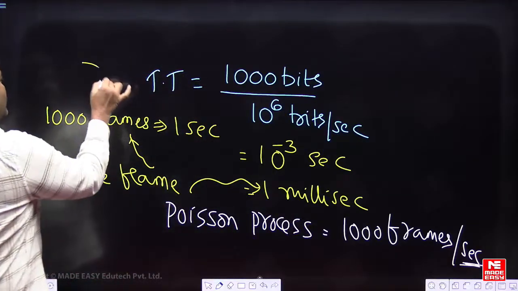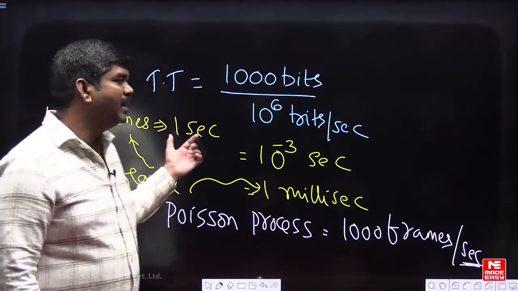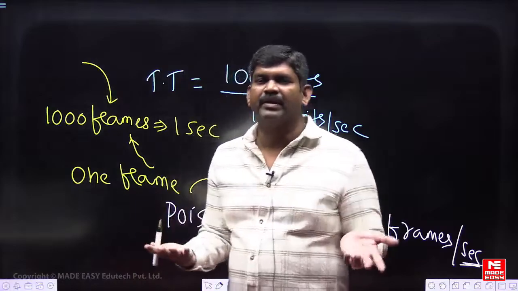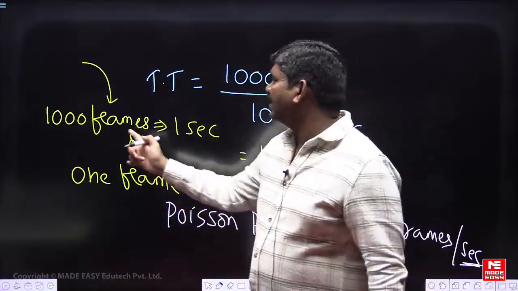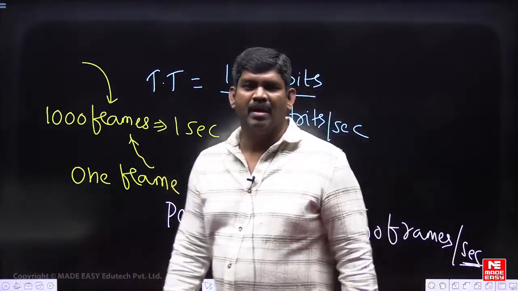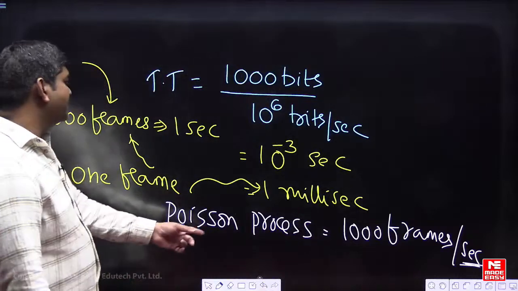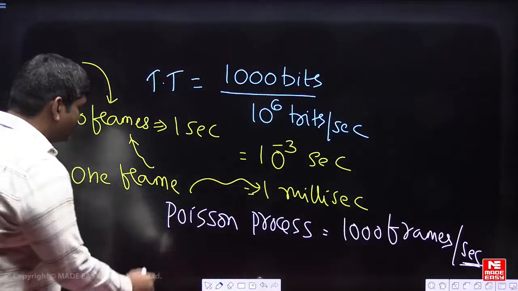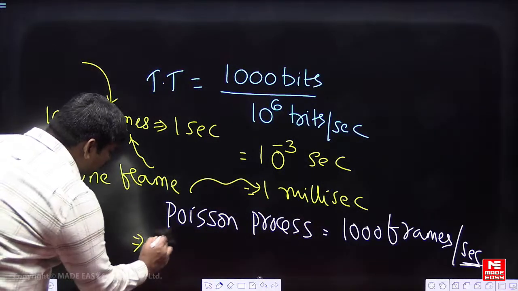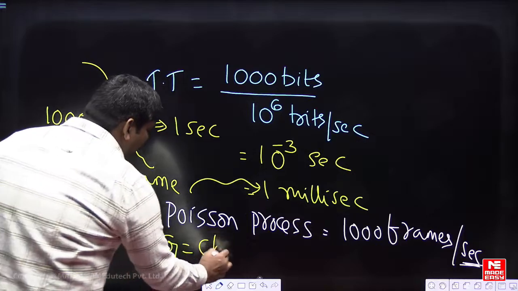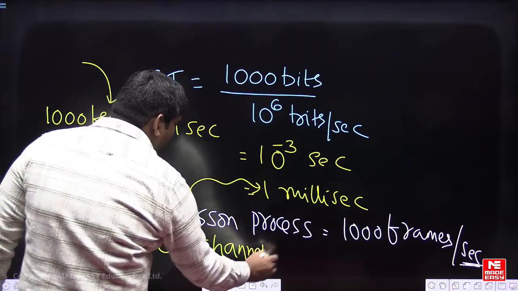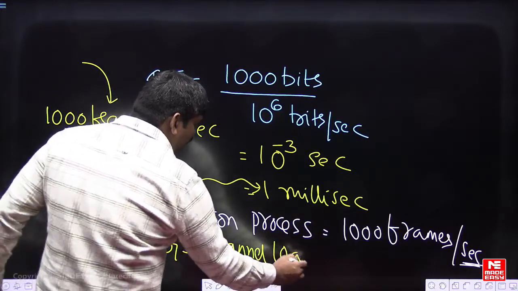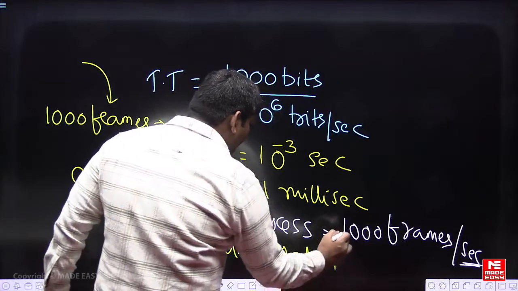So this is how, in the case of pure Aloha, in 1 second the different stations on the whole are transmitting 1000 frames actually. But the Poisson process is also telling us it is 1000 frames per second. So based on these two, now you can calculate the G value. The G value is called the channel load. Here 1, here also 1, so this is called 1.